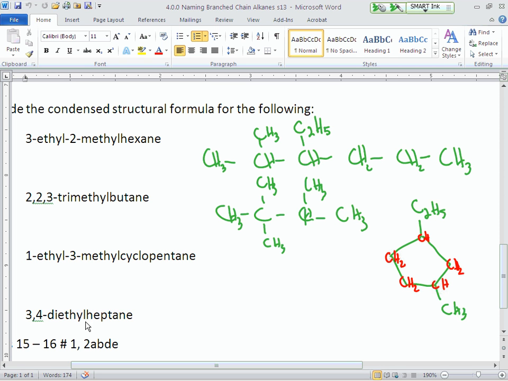Okay. And what do we have? A heptane and a diethyl. All right. So 1, 2, 3, 4, 5, 6, 7. And I've got a 1, 2, 3. So I've got a 3-ethyl, C2H5. And I've got a 4-ethyl.